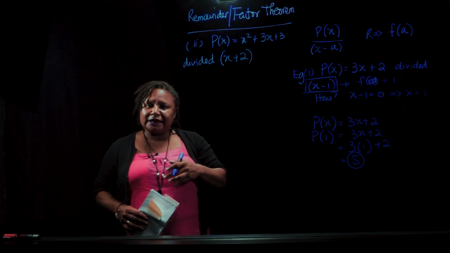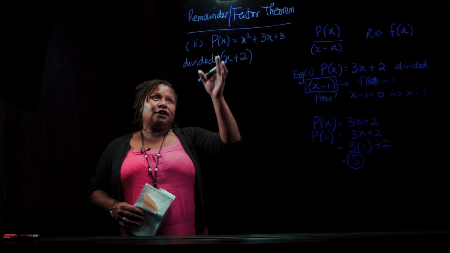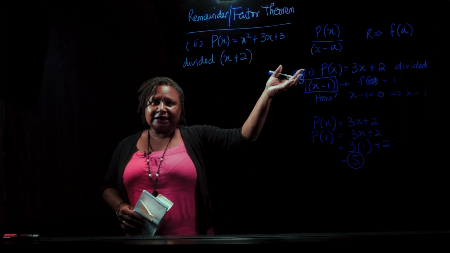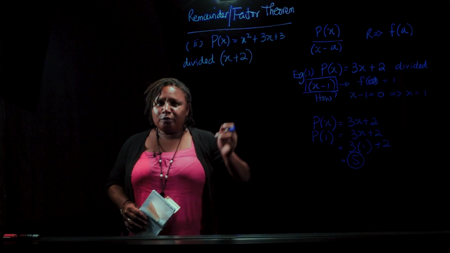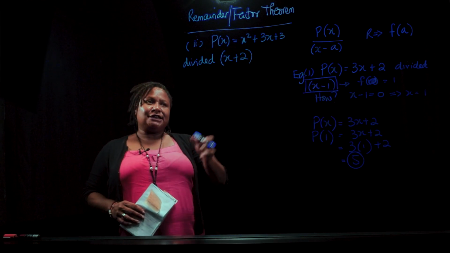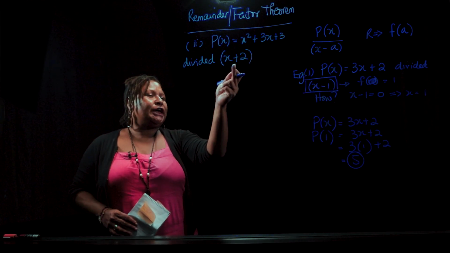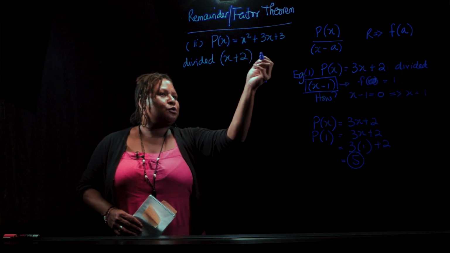If there are remainders, then we cannot completely factorize this polynomial because they are not factors. So let's have a look at x plus 2.